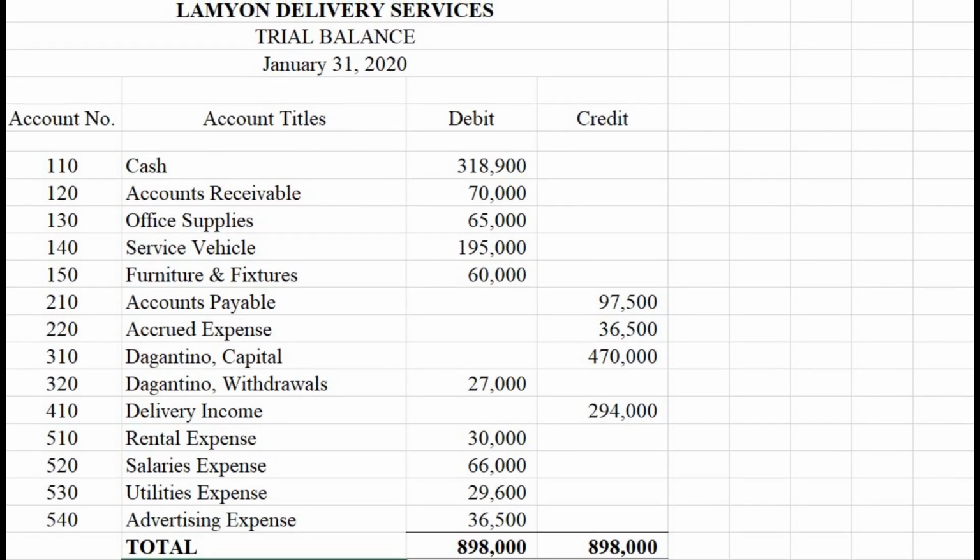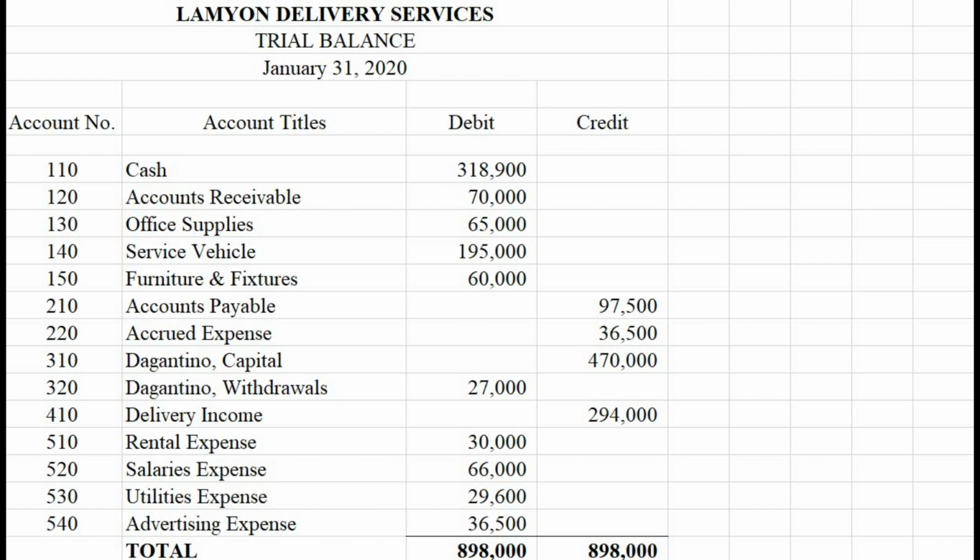So, also, we are done with steps 1, 2, 3, and 4 in the accounting cycle. So, I hope you understand, you're able to follow through the steps or the process from the identification of the transaction to journalizing, to posting, and to the preparation of trial balance.